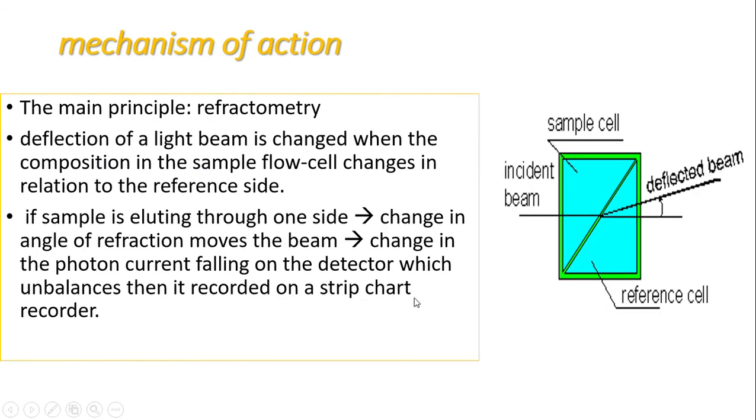The mechanism of action depends on the incident beam. This light beam will pass into the sample cell and it will deflect. The sample cell is composed of many components, and here we have a reference cell. We put it here in order to compare the sample cell with the reference cell.